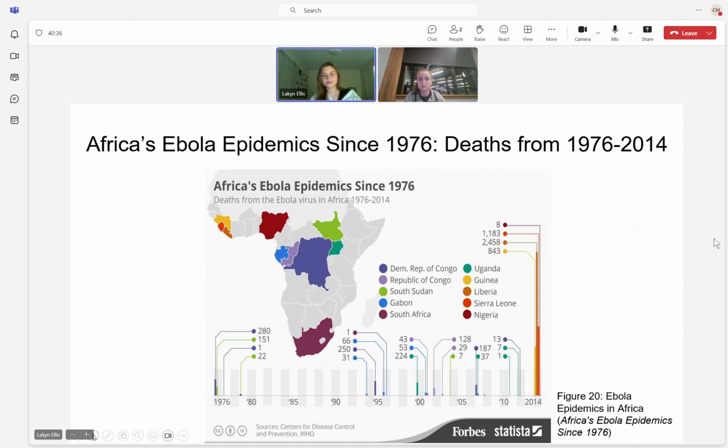So this little image right here kind of shows deaths from 1976 through 2014. As you can see, the virus first popped up in 1976.